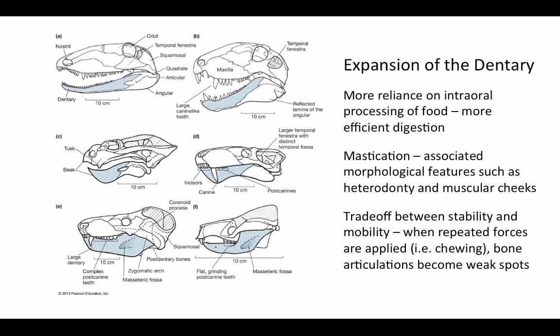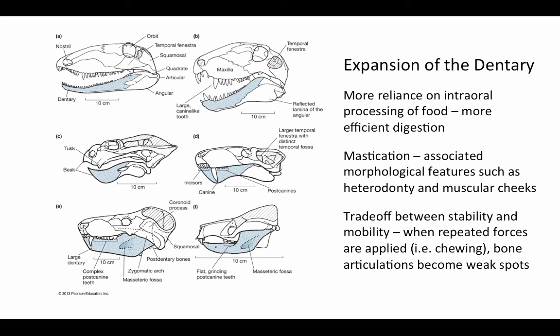So in the evolutionary history of mammals, there was an increase in the reliance on intraoral processing of food, basically chewing, mastication, to facilitate more efficient digestion in this group. Mastication is associated with such morphological features as heterodonty, having different shaped teeth in your mouth, and also the formation of muscular cheeks to provide the muscle for chewing.